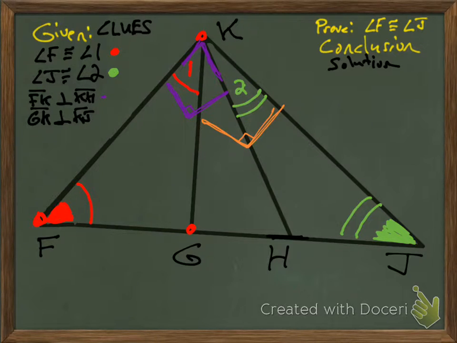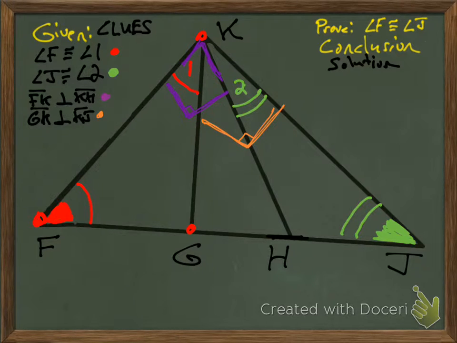We are also given that lines FK is perpendicular to KH, and that GK is perpendicular to KJ. So we have some 90-degree angles there, which I know it doesn't look 90, but you see the tick marks. You've got to go by the tick marks, and you've got to go by the marks on the diagram, which are from the given.